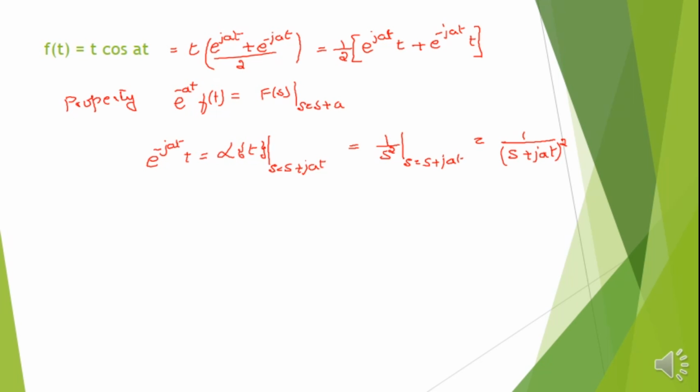So in the denominator there is a complex term. So what I need to do is, 1 by s plus ja whole square, I will multiply with s minus ja whole square, both numerator as well as denominator.